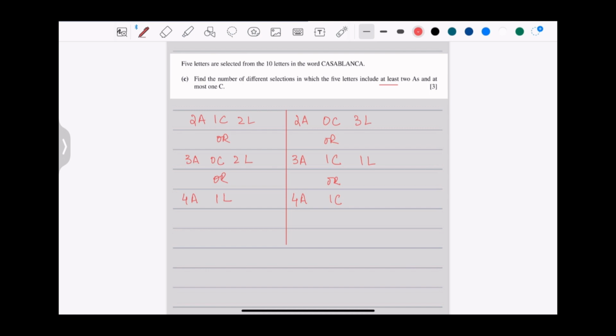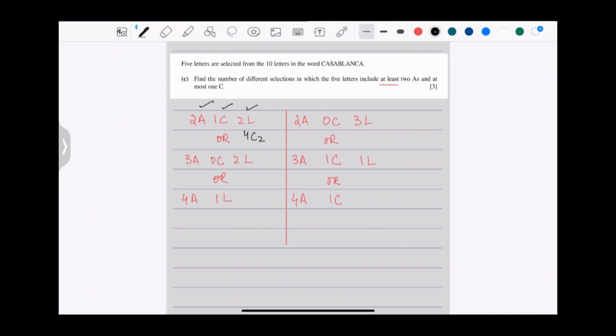So if I write them down, I'll see that this is going to be 2 A's are selected already. There is no C's that will apply. 1 C is also selected. 2 other letters are going to be in the selection pool. So when I remove 2 C's and 4 A's, so 6 letters gone, there will be 4 letters left.